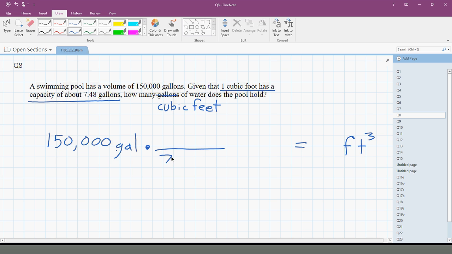So we're going to have 7.48 gallons, and 1 cubic foot goes on top. There you go. So all we need to do is take 150,000 times 1 over 7.48. And that will tell us how many cubic feet we have.